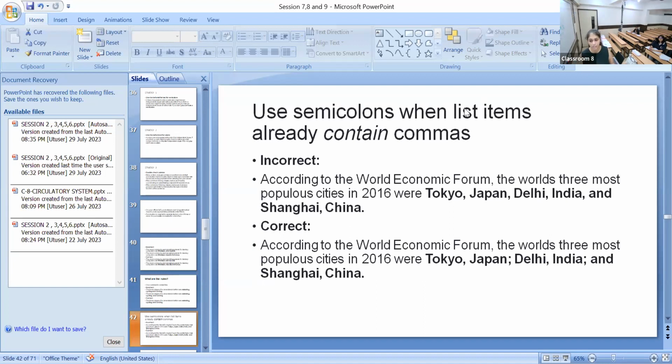We just did now, since in Japan, and then you have Delhi. City and country. So then what are we using? Semicolon. Just be careful. You should know the countries and cities and all these things. So you can use a semicolon over there just to distinguish. Otherwise, a comma makes sense.